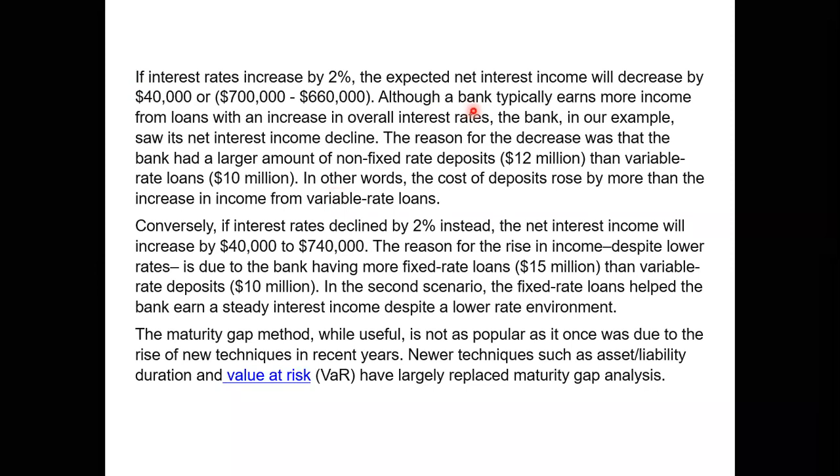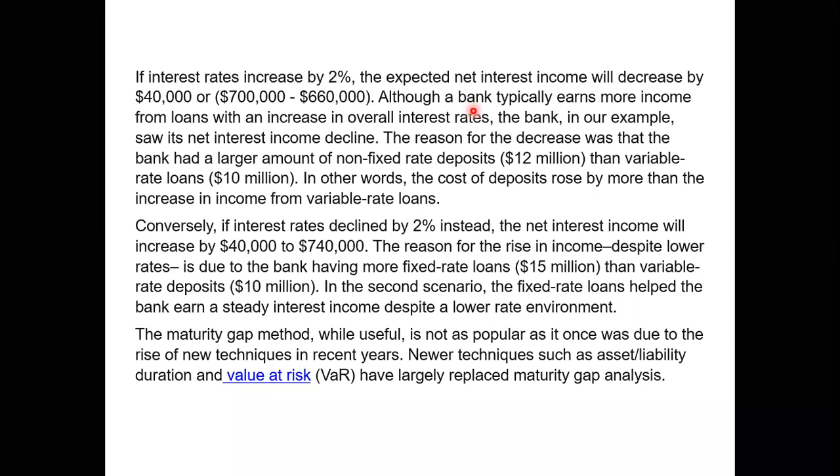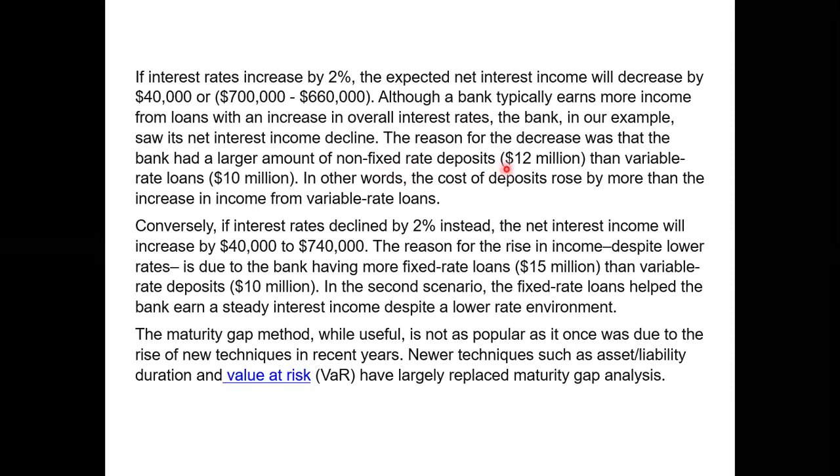Although a bank typically earns more income from loans with an increase in overall interest rate, the bank in this example saw its net interest income decline. The reason for the decrease was that the bank had a large amount of non-fixed rate deposits.